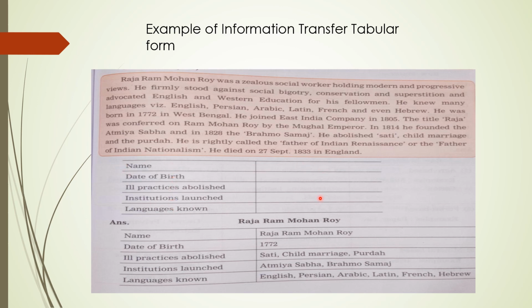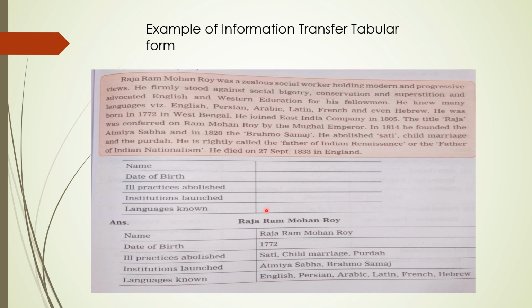Can you see this table? There are certain subtitles: name, date of birth, ill practices abolished, institutions launched, and languages known. So this paragraph is information about Raja Ram Mohan Roy, and we have to elicit the main points given in this paragraph in this table.